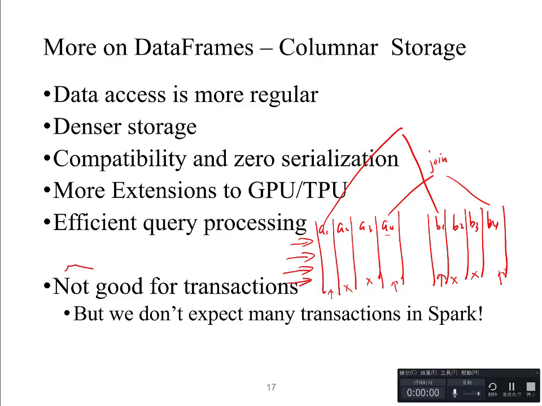All right. This is just a small example, but you can already see the advantage of columnar storage on data frames, right? And even if there is a single table involved in the SQL query, it is the same or similar.